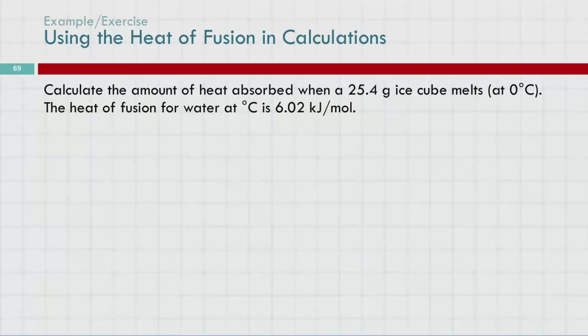We want to calculate the amount of heat. So we're finding the amount of heat absorbed when a 25.4 gram ice cube melts. The heat of fusion for water at 0 degrees Celsius is 6.02 kilojoules per mole.